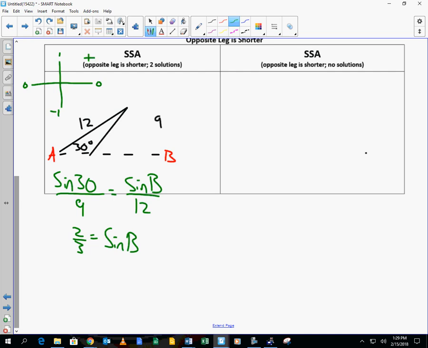And so look at the issue. Sine is equal to 2/3. Well, that could happen in the first quadrant. What kind of angle do you get in the first quadrant? Acute. What kind of angle do you get in the second quadrant? Obtuse. Sine doesn't know whether it's going to be an acute angle or obtuse.